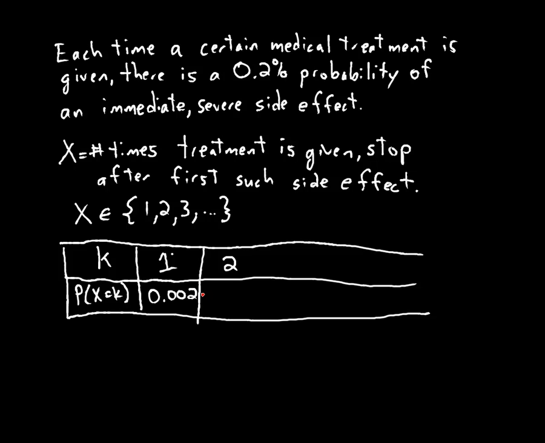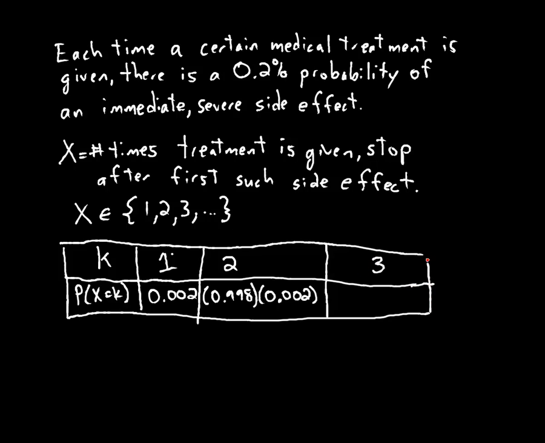So the probability that the first treatment does not result in the side effect is 0.998. It's 1 minus the 0.2%. And then the probability that the second treatment does result in the side effect is 0.002.